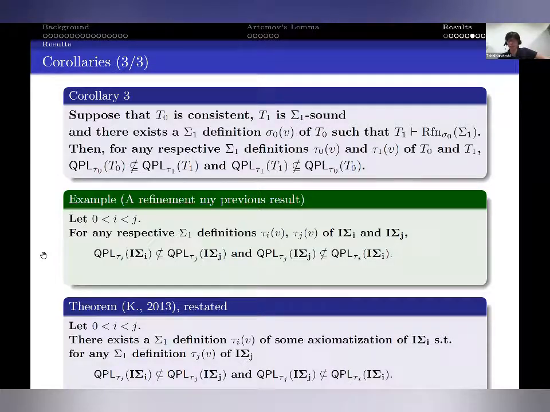So from my theorem, I obtained several refinements of known results.